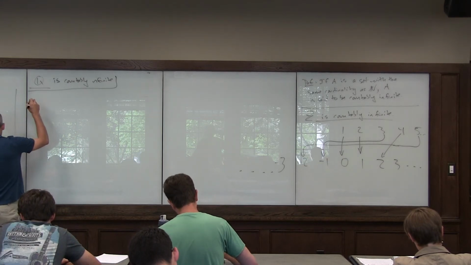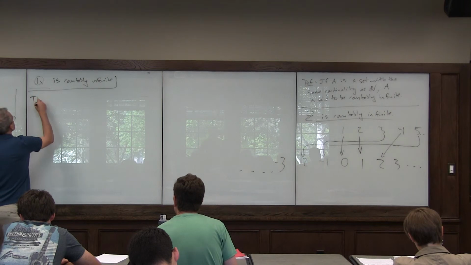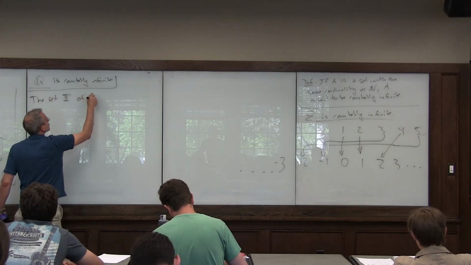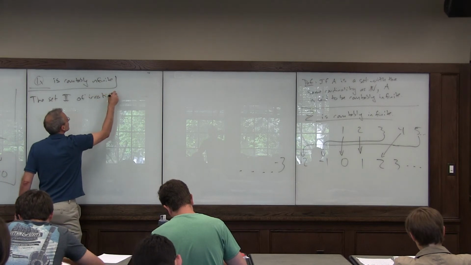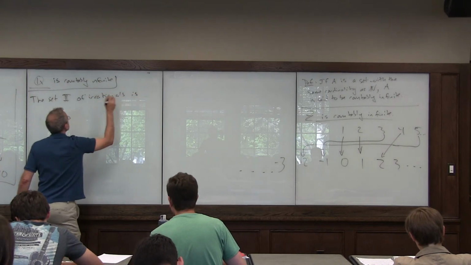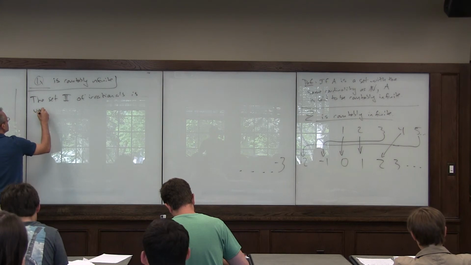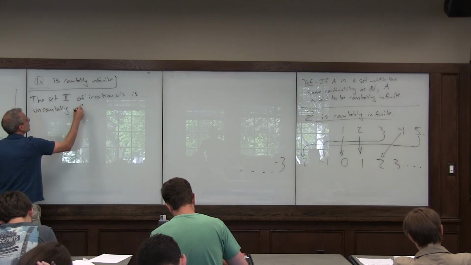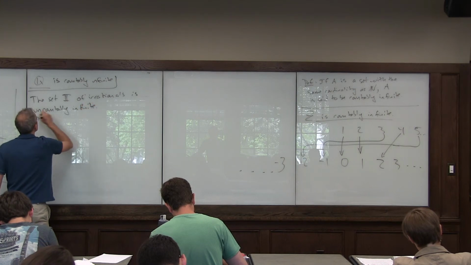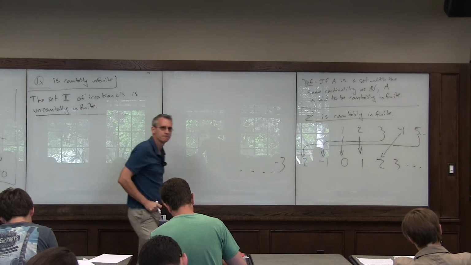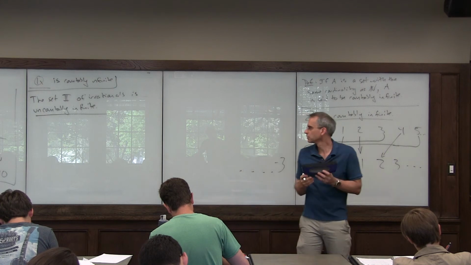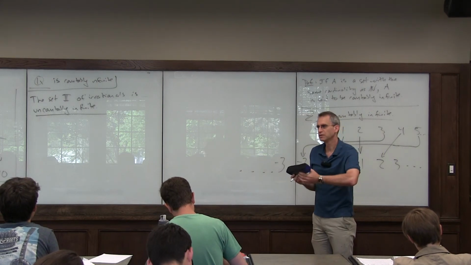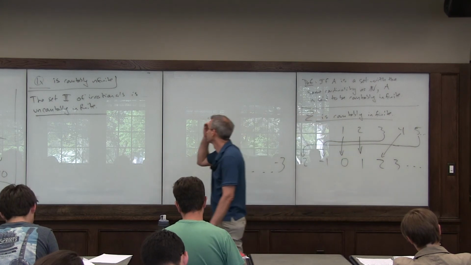Okay, but the important thing is that the set I of irrationals is uncountably infinite. And the proof is amazingly simple if you're willing to believe certain things about decimal expansions.